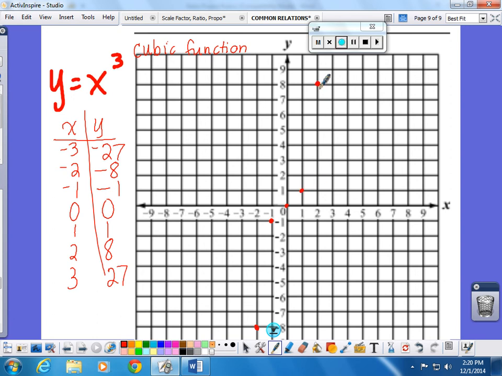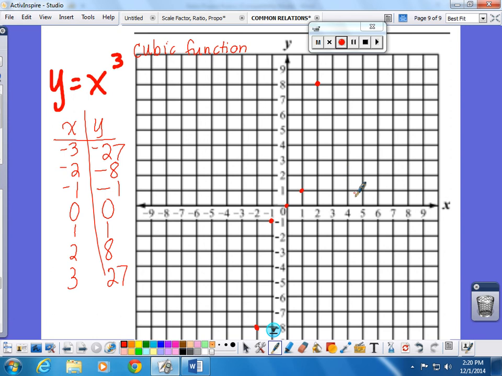Now, from there, think about it. Don't do anything yet. If I did 3 cubed, I mean, I'd be way up here on the wall. What's 4 cubed? Look on your calculator. 64.